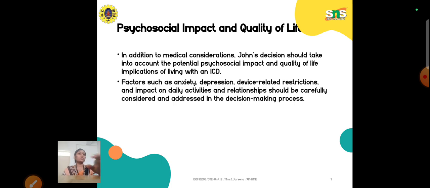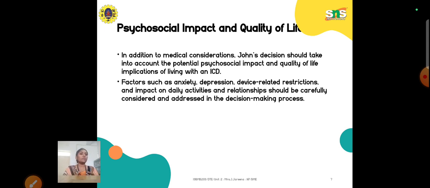Because this is not something where, whenever there is need, we can just place it and remove it. This is something we are going to place inside the body to support heart function. So we will always be conscious about the device, and we will be restricted from doing so many things.